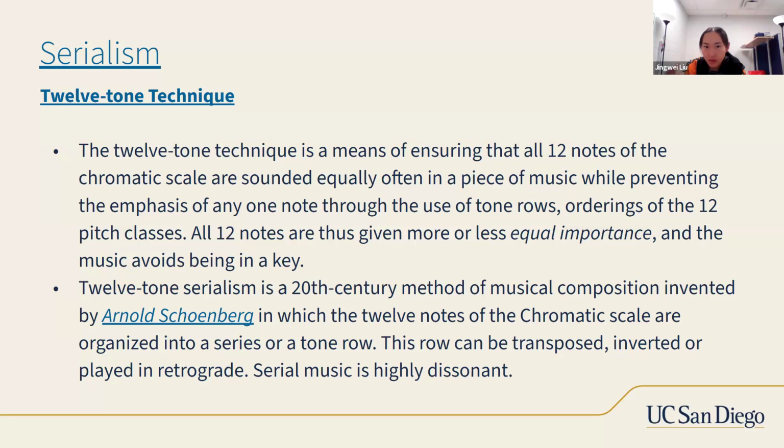So this 12-tone serial music is usually highly dissonant. And the sequenced tone roll can be transposed, inverted, or played in retrograde, which are certain types of mathematical manipulation applied on the 12-tone serial music.